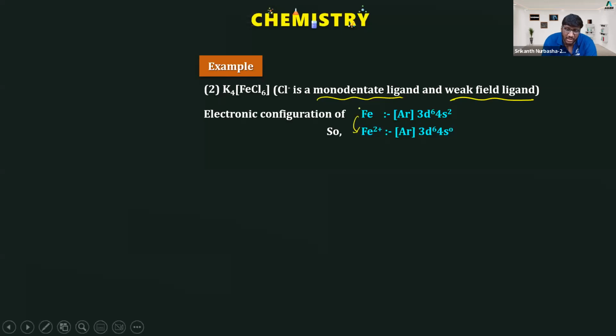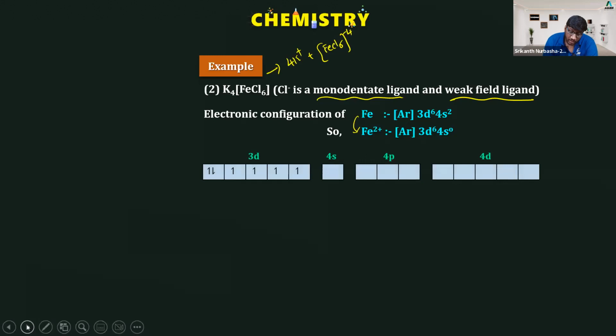But Fe plus 2 is not a simple ion now. It is present in the complex ion. K4[FeCl6] dissociates to give 4K plus plus [FeCl6] whole 4 minus. For Fe plus 2 we have written argon 3d6 4s0. So 3d, 4s, 4p, 4d.